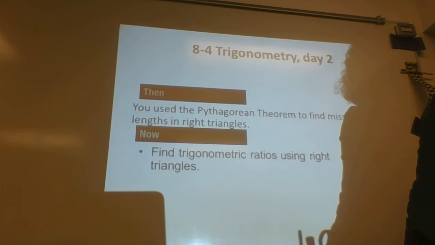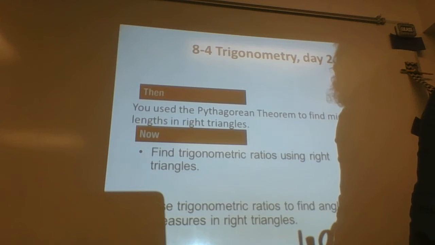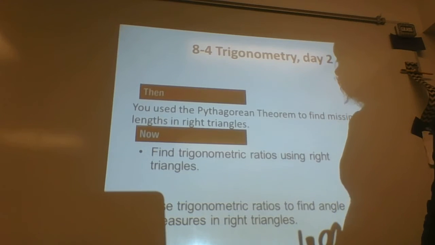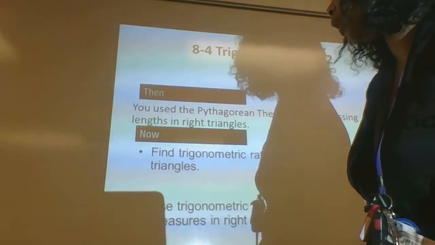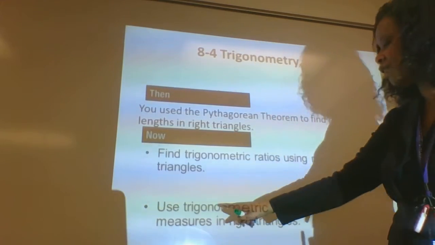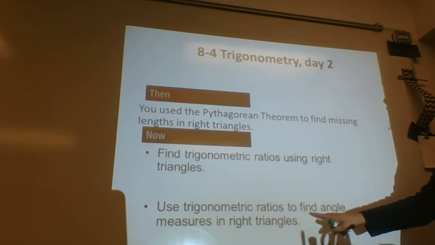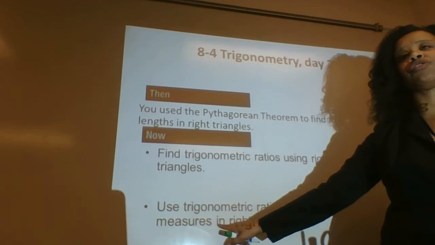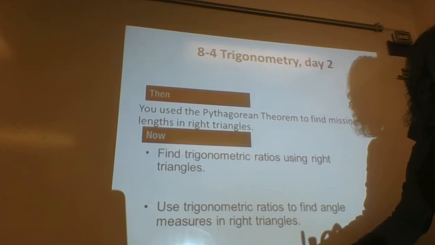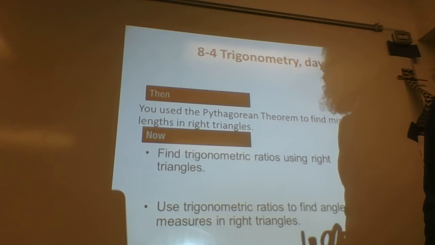All right. Find trigonometric ratios using right triangles. And we're going to use trigonometric ratios to find the angle measures in right triangles. That's what we're really going to talk about today.